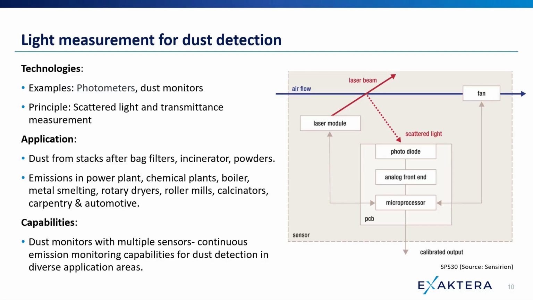Transmittance measurements typically take over when the volume concentration of particulates suddenly increases, overwhelming the light scattering measurement equipment and raising an alarm.